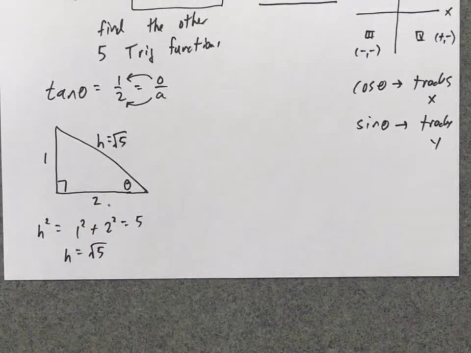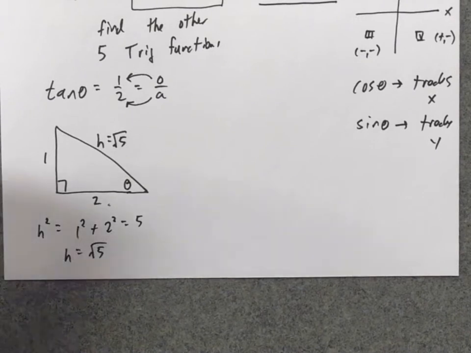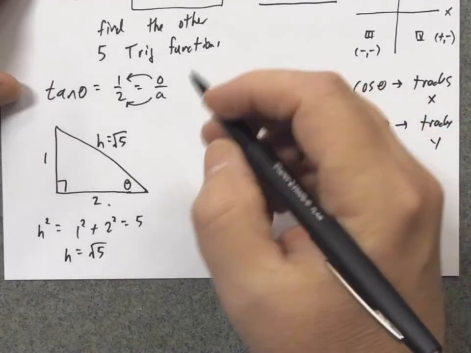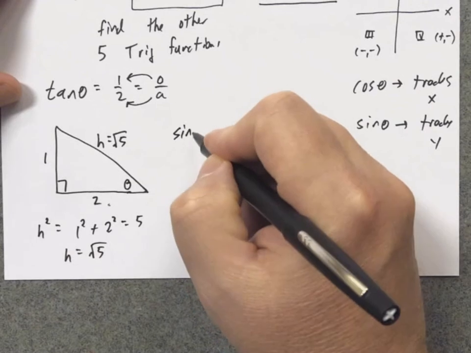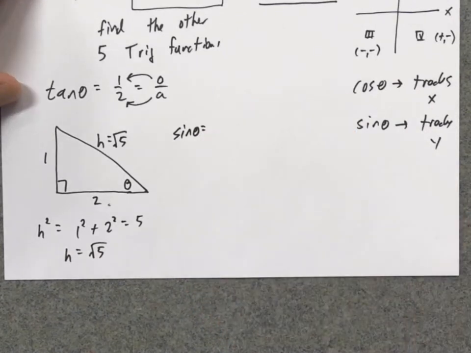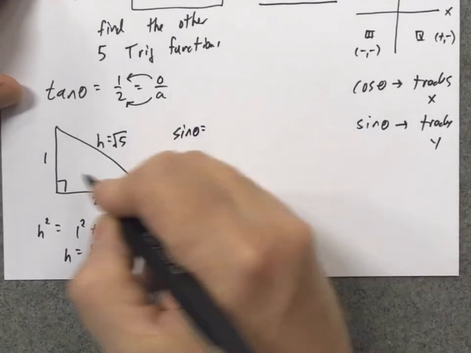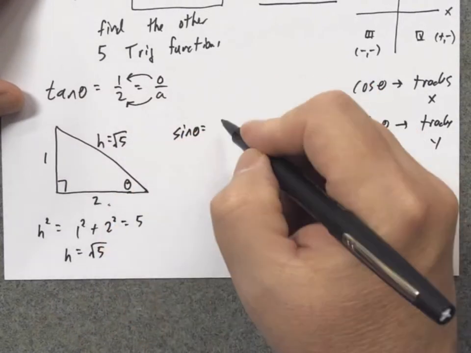Looks like h is going to be square root of 5. So now I really have what I need to figure out the rest of the trig functions. So let's start with the sine. So-called SOH, so opposite over hypotenuse.